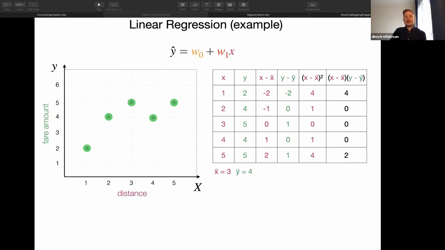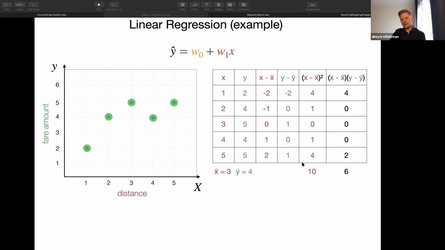Good. There are names for these two columns. One of them is called variance and the other one is called covariance. But I will not explain it right now. I'll explain it in the unsupervised learning lecture. In this one, we'll just sum up these values.